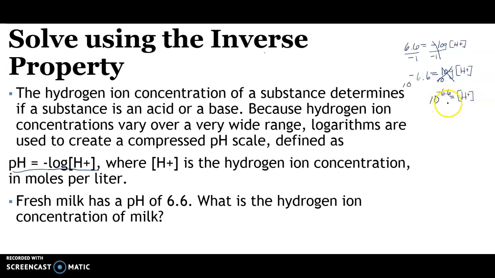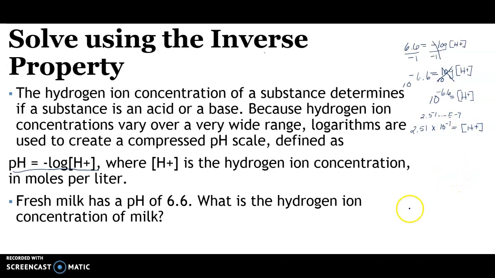I can put this on my calculator to get it in a more standard form, so just literally typing 10 with the caret key exponent of negative 6.6, and my calculator then gave me 2.51 decimal continues with an e to the -7, and we understand that that is in scientific notation, so 2.51 times 10 to the -7 power would give me the concentration of the hydrogen plus ions.